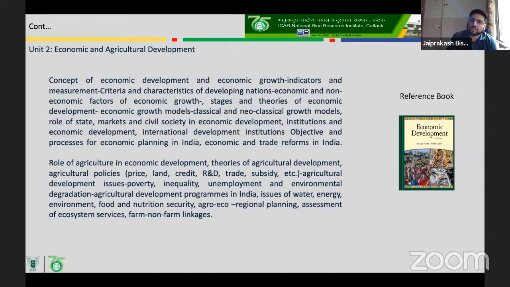So this examination is your game, and the question paper setter, your evaluator, and you, three people are the players in this game. But the major players are you, those who are appearing in the examination, and those who are correcting your answer sheets. So they are two major players.